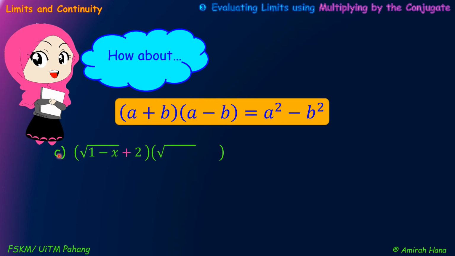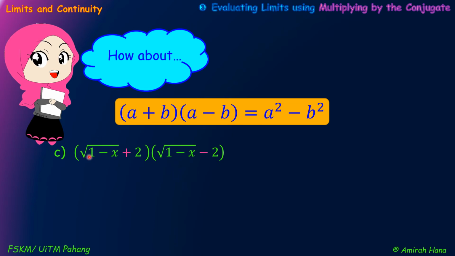How about C? Let's say we have radical 1 minus x plus 2 times radical 1 minus x minus 2. We have two terms here. The first term is radical 1 minus x. This is considered one term, not two terms, because 1 minus x always comes together, since 1 minus x is inside the radical sign.